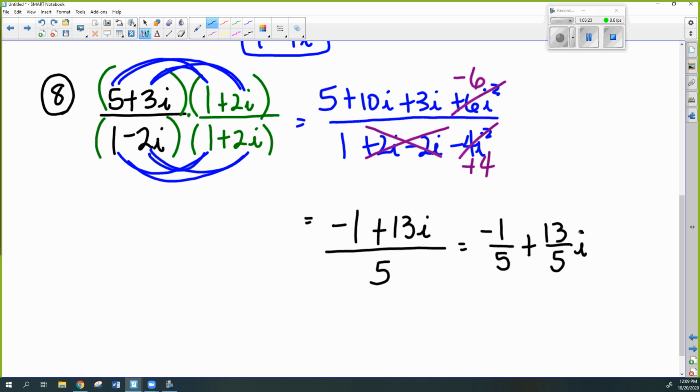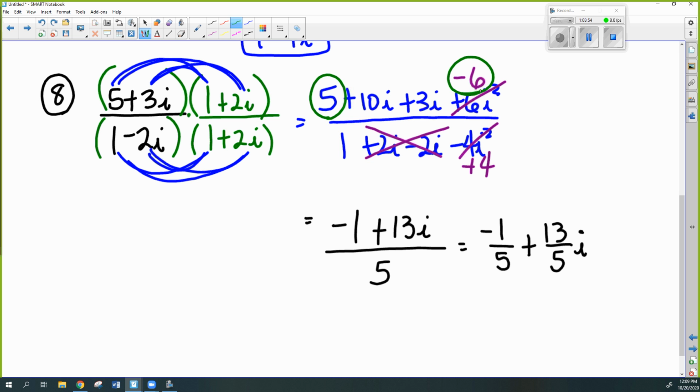Since 5 doesn't have an i, I thought you could. Okay, so I put the 5 with the -6 after I got rid of that i. So because the plus 6i squared just turns into -6 with no i, then I could put it with the 5.